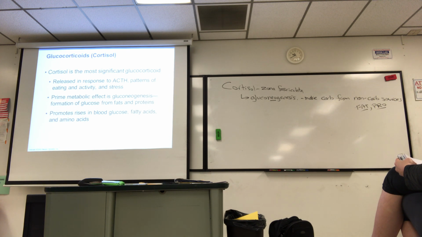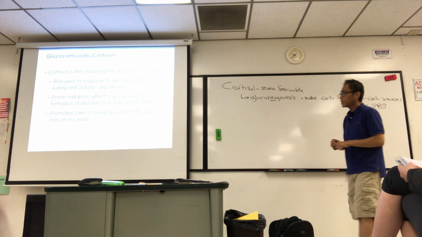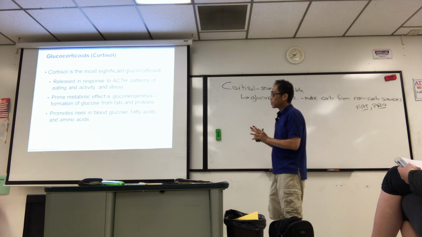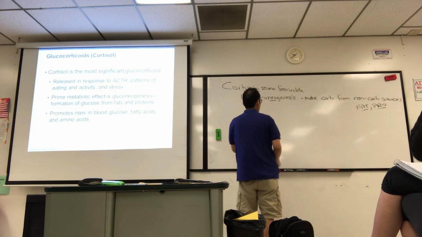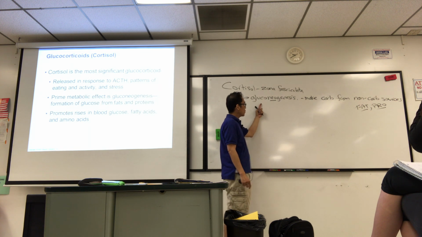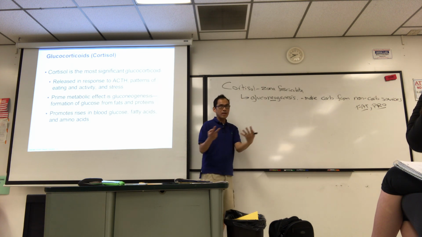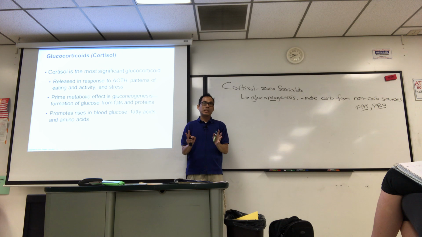So cells can do that. You can break molecules apart and reform them into carbohydrates. They started off as other things, fat and protein. Now, the reason why this is a stress response is, why would you want to do this? Normally you get your carbohydrate from glycogen, a long chain of simple sugars.